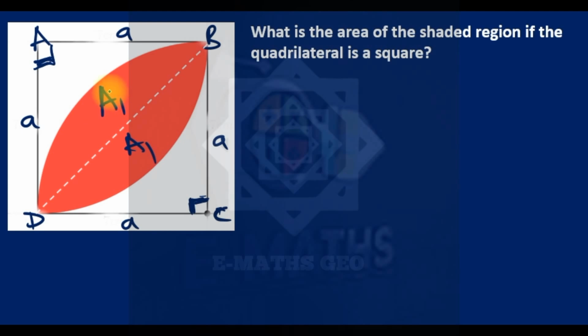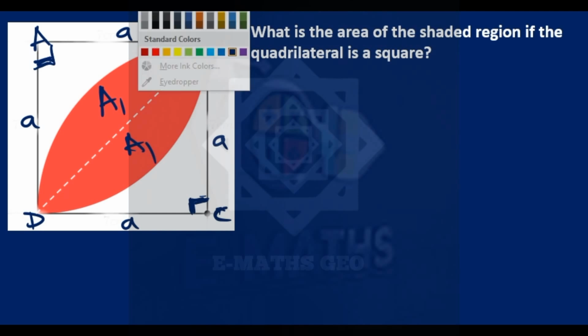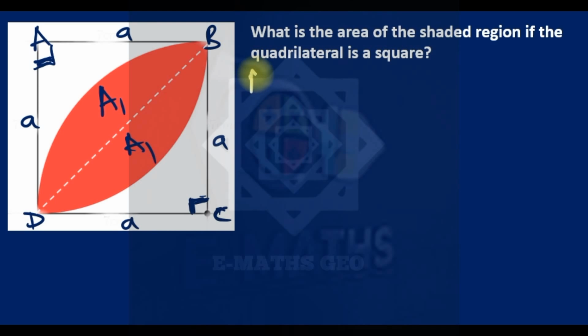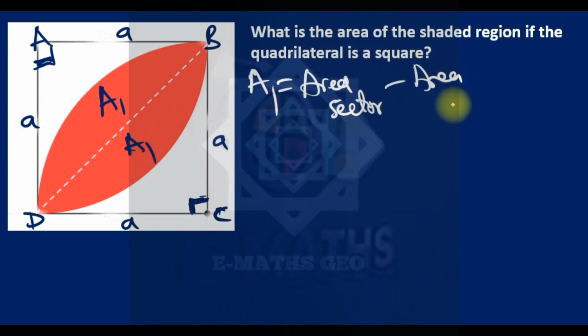So A1 is equal to the area of the sector minus the area of the right triangle. If you subtract the area of this triangle from that of the sector, we'll get A1.